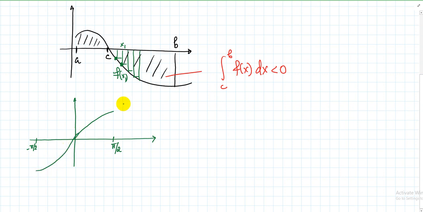If I say this is the function, f of x is equal to the sine of x, what is the area under and above this function from minus pi over 2 until pi over 2? What is the integration of the sine of x from minus pi over 2 until pi over 2 dx? What is this integration?